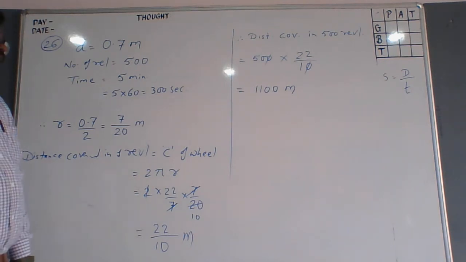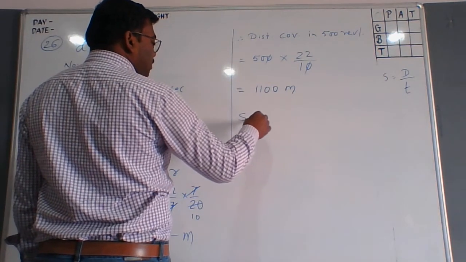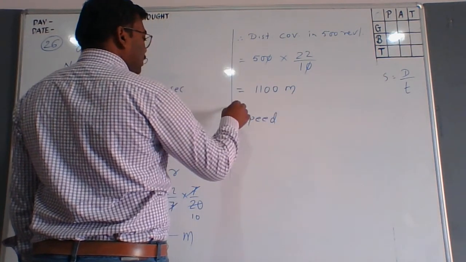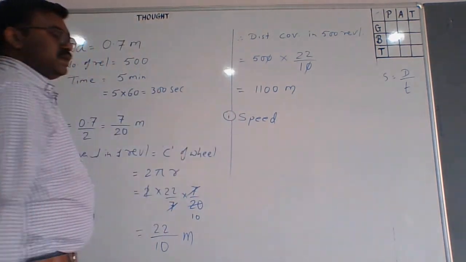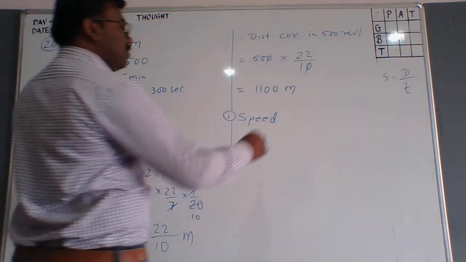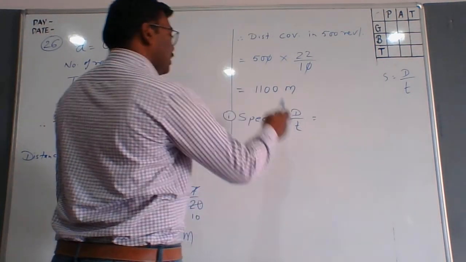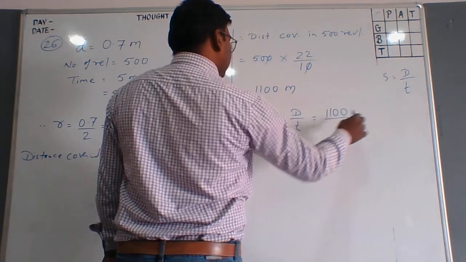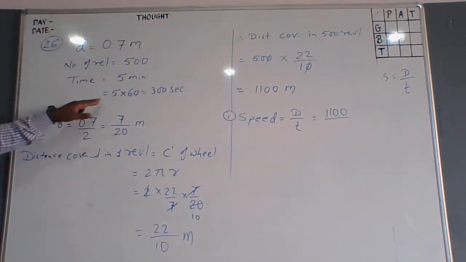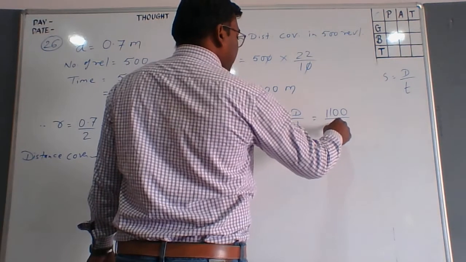Now students, let us find the speed. Here we will solve the first part, in meter per second. Speed equals distance upon time. So distance is 1100 meter and the time is 300 seconds.